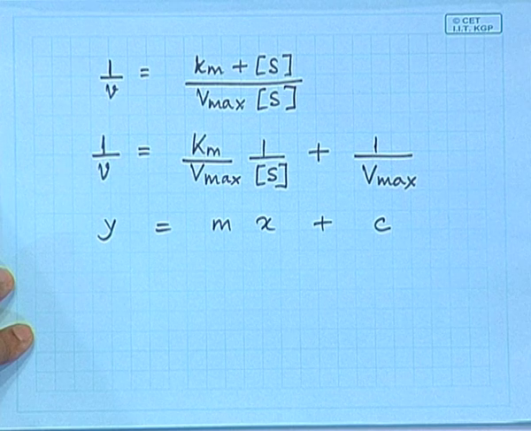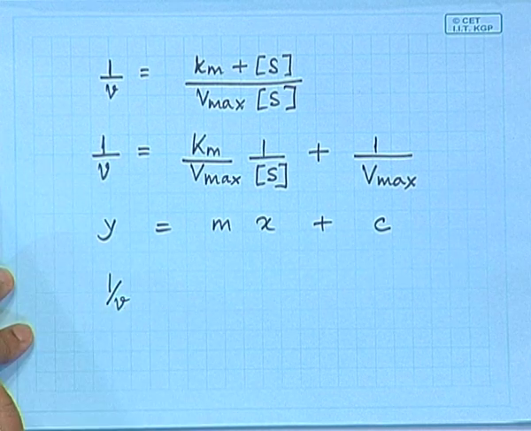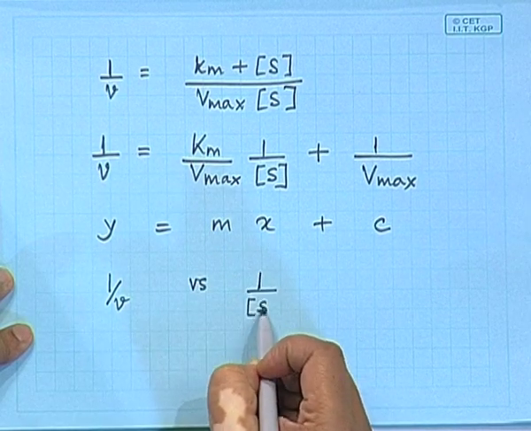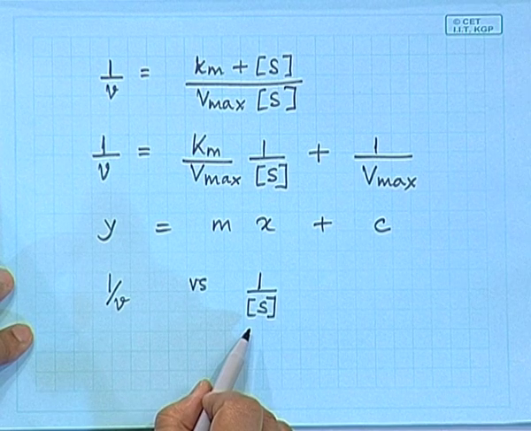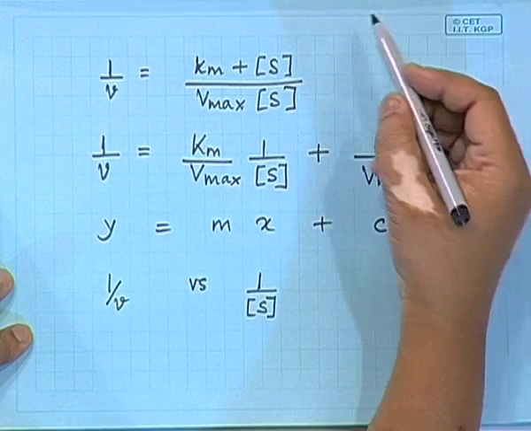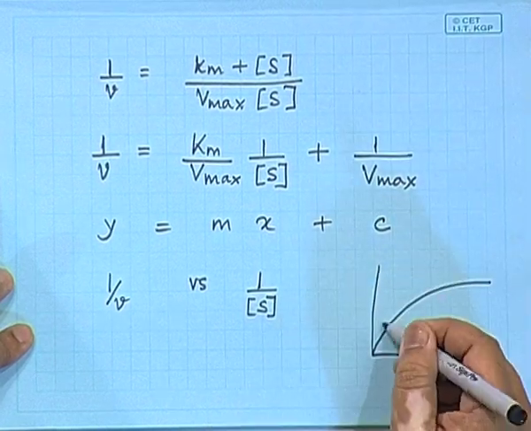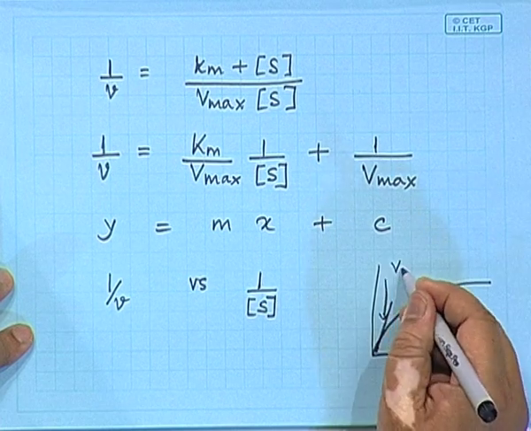So, what can I do? If I plot 1 by v versus 1 by s, this is something I know, because I know what substrate concentration I start out with, and I can find out from my curve this initial value for V0.